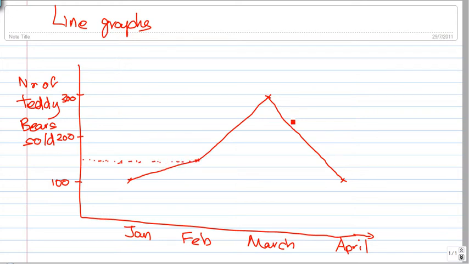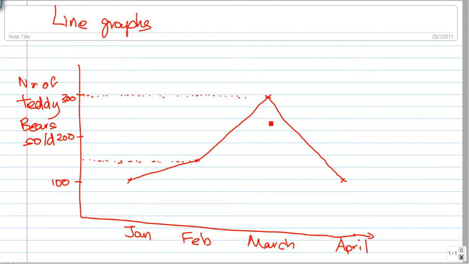In the month of March they sold 300 teddy bears. And in the month of April they sold 100 teddy bears as well.